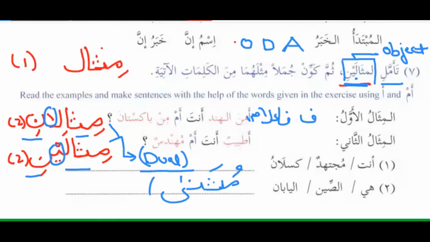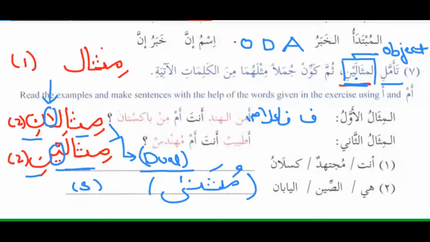Musanna means dual. So here once it comes as an object, that time it will be ya. And if it's coming in a simple form, like in any nominal sentence, that time it comes with alif.